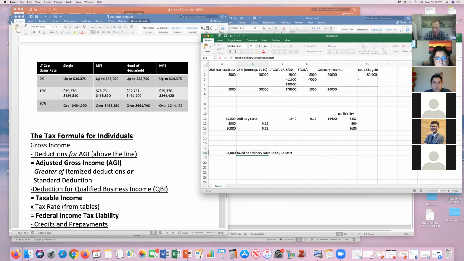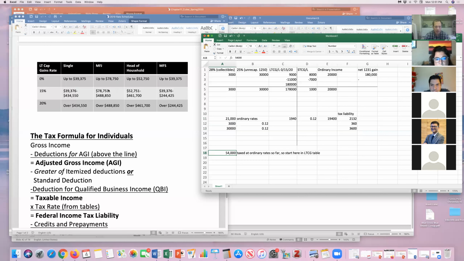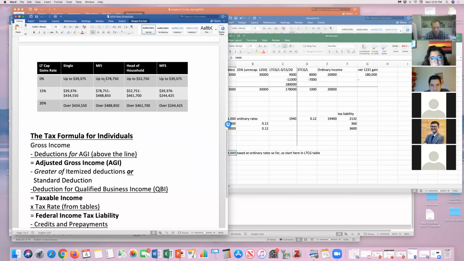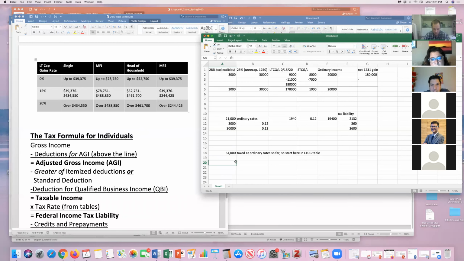All right, I have 54,000 taxed at ordinary rates so far. So start here in the long-term capital gains table. This is what already got taxed at ordinary rates, so that's where I'll start. They're going to start in the 0% bracket. But they have a huge capital gain, so it's not going to all fit, because it only goes up to 78,750.